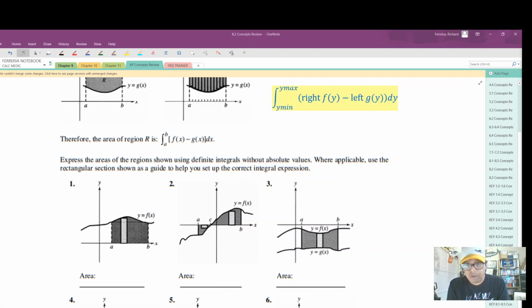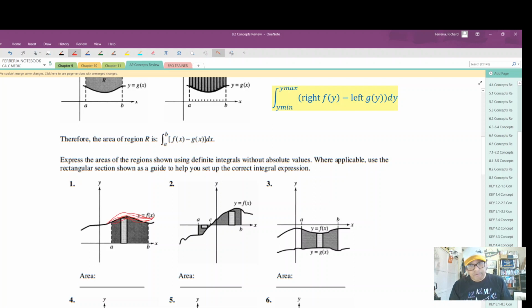The minimum value is a, and you can see that minimum value right over here at x equals a. And then we're going to get a maximum value at x equals b, and you can see that right over here. The upper function is f of x right over here, tracing out.